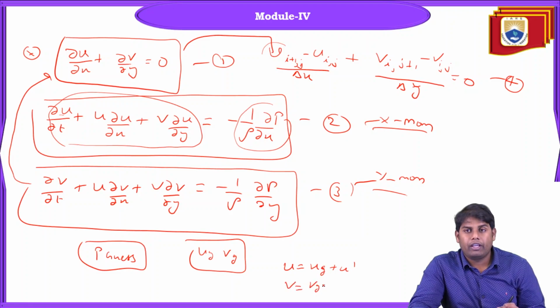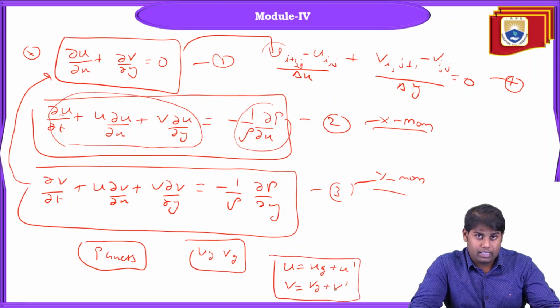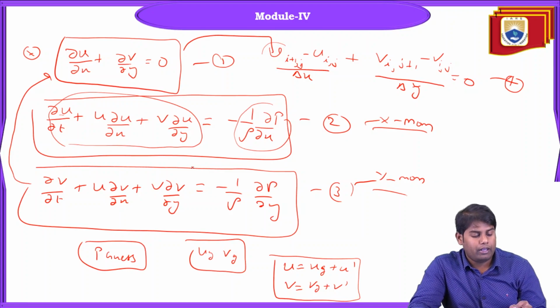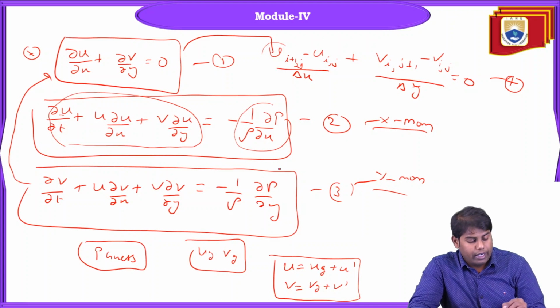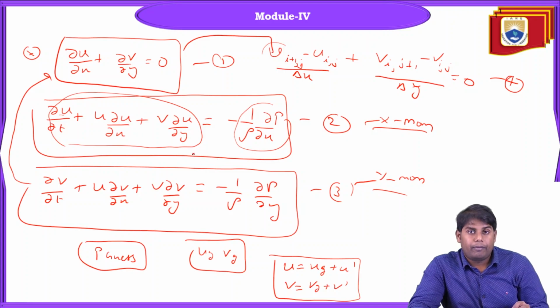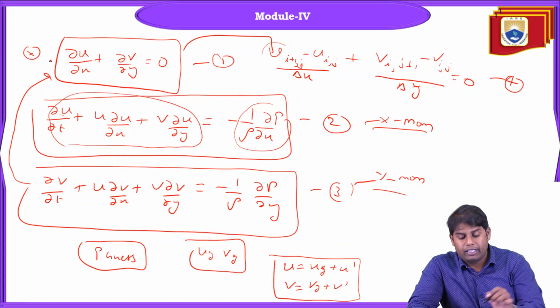V is equal to v guess plus v dash, the correction. u dash and v dash are called the correctors, and u guess and v guess are the predictors. With the correction, the same procedure happens again. You substitute in the momentum equations, where you get the guess value of pressure from the x momentum equation and the y momentum equation. Then you calculate the u velocity and v velocity, substitute them in the continuity equation again, and see whether it is equal to 0. If it is not equal to 0, you start again.